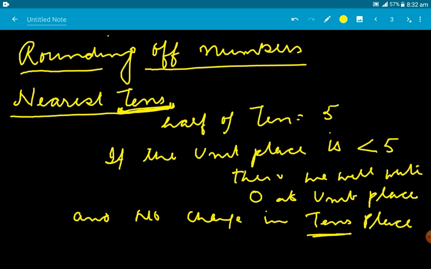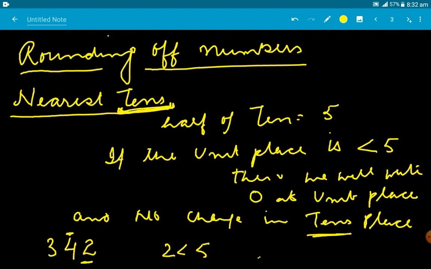For example, I have written a number 342. See, this is the ones place. So 2 is less than 5. So there will be no change in the tens place, but the ones place, the unit place, will become 0.